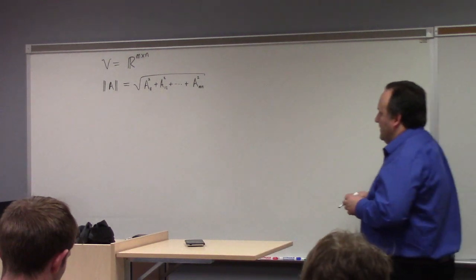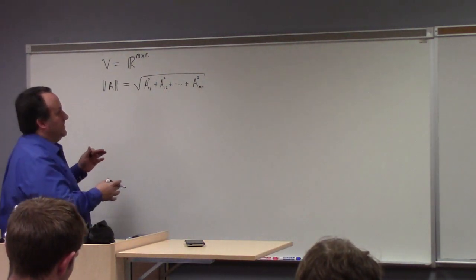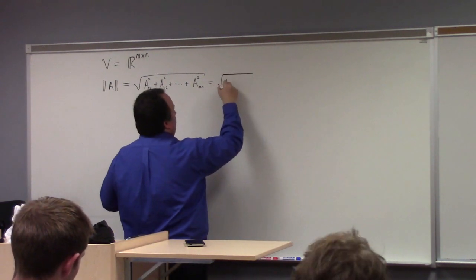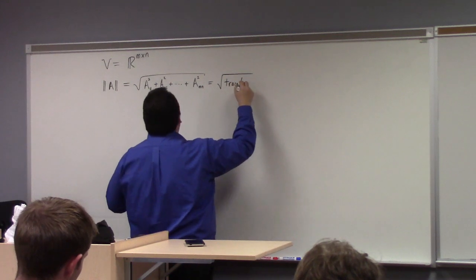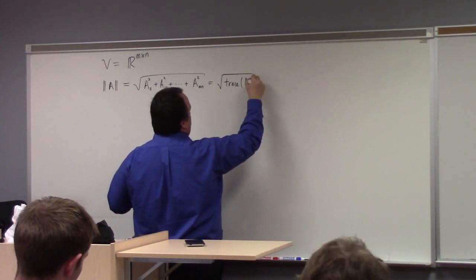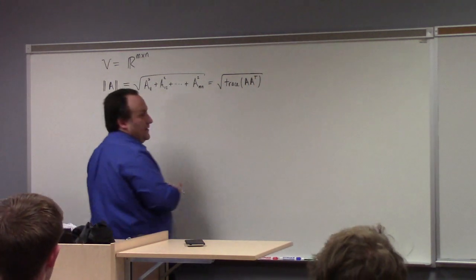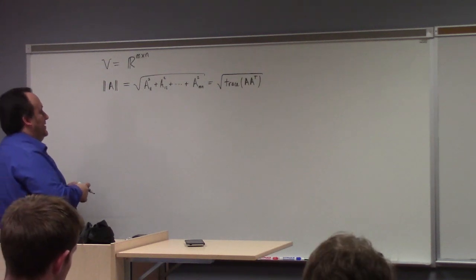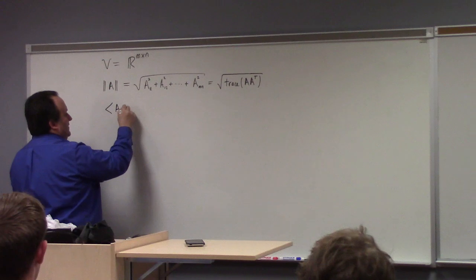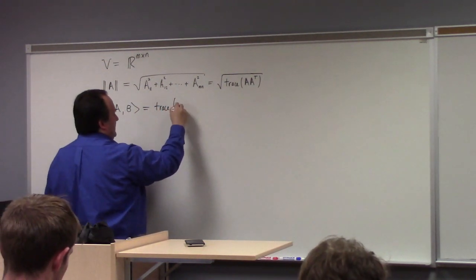Interestingly, there is a slick formula for this, which is the square root of the trace of A A transpose. Right? And in fact, if I remember right, you can define this here, the inner product of A and B, as the trace. Now, I could be wrong about this. I'm a little rusty, guys.